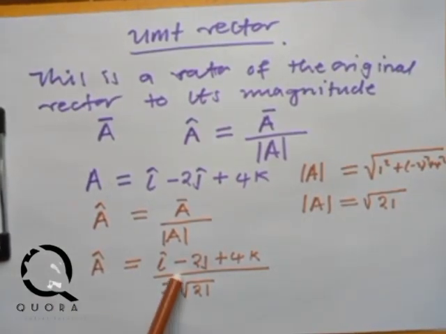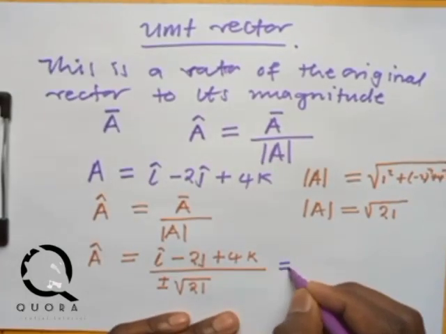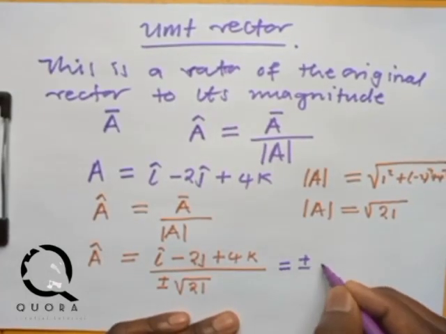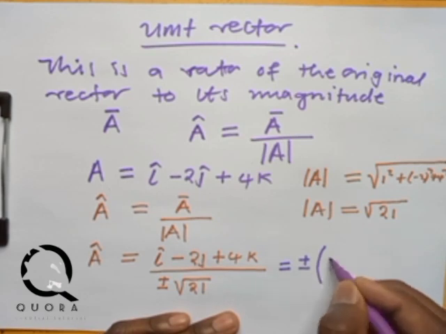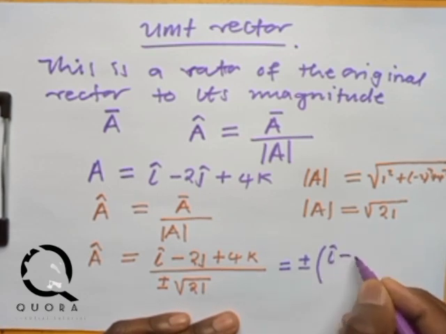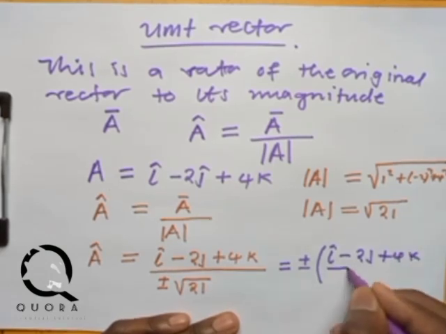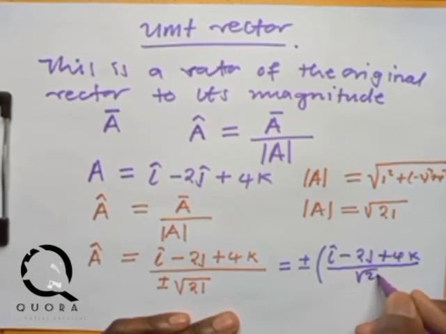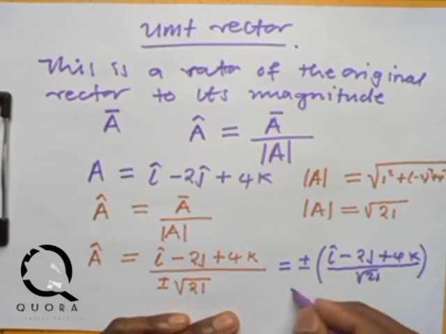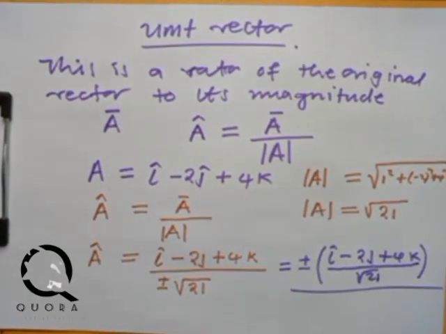Now you can move this plus or minus to the left hand side, and the unit vector of A is going to look like this. It is going to be plus or minus, open bracket, I minus 2j plus 4k over root of 21, close. This has to be the unit vector of A. As simple as that. That's how we find what we call the unit vector.